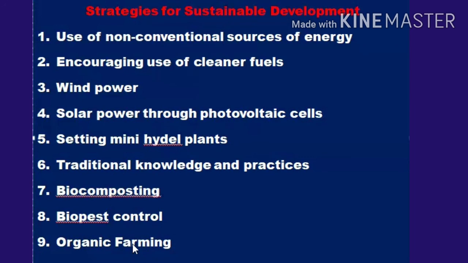It uses organic inputs for cultivation, and it discards the use of chemical inputs which erode soil fertility. Thus, organic farming is sustainable for agricultural development. So, organic farming needs to be encouraged so that production capacity can be maintained for future generations.